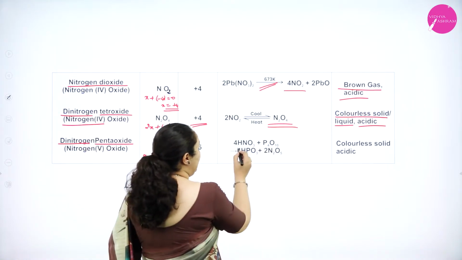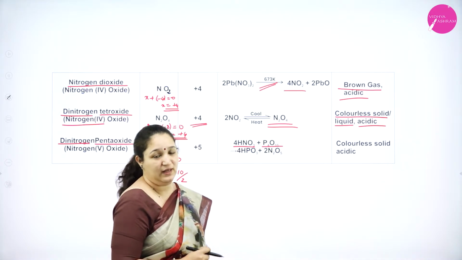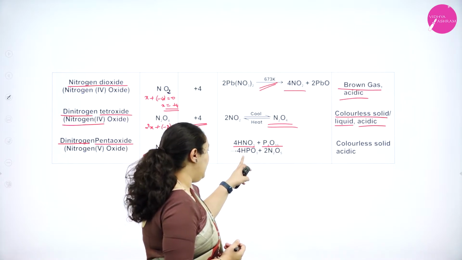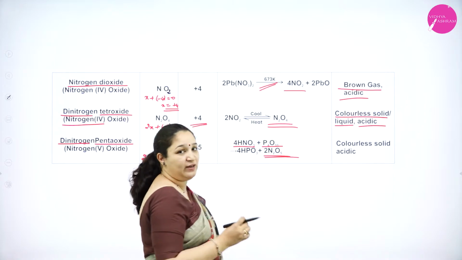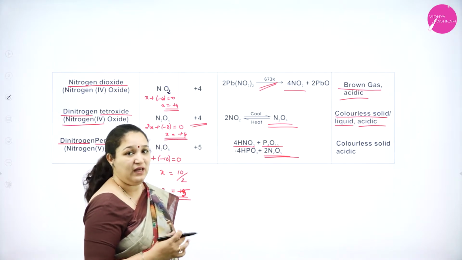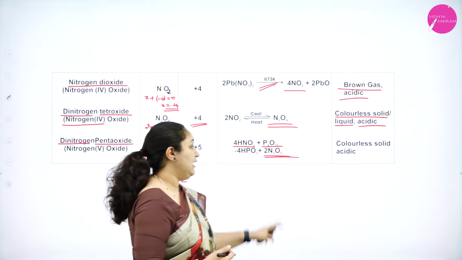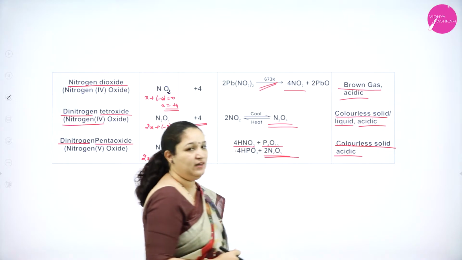What we are doing? Nitric acid is treated with P4O10, that is phosphorus pentoxide. You will get HPO3 and N2O5, dinitrogen pentoxide is liberated. It's a colorless solid and it is acidic in nature.